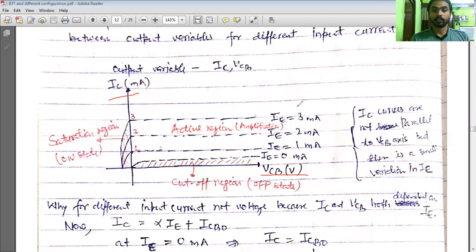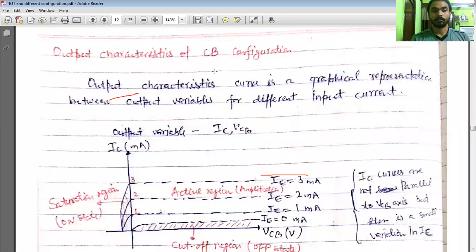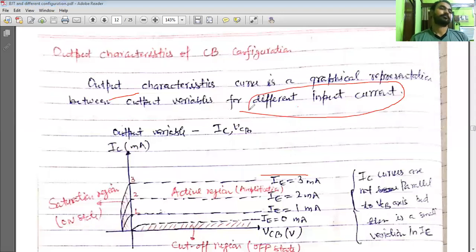Remember this. For different input currents. So we have input current, that is I, varying from here to here.